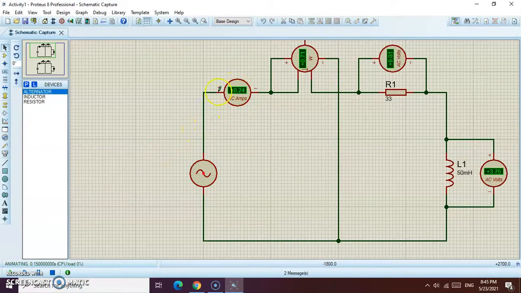After we simulate it, we need to take some time until all the meters get a stable reading, and then we record it down.